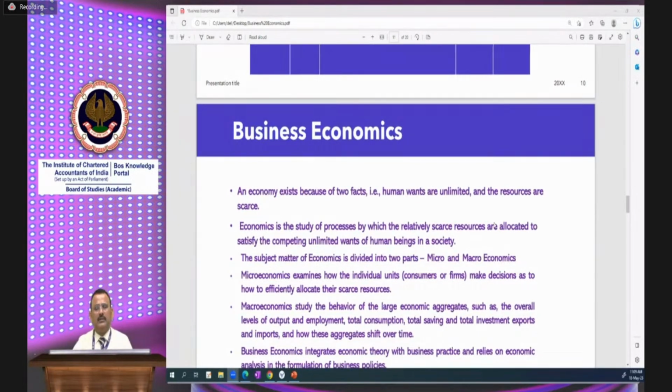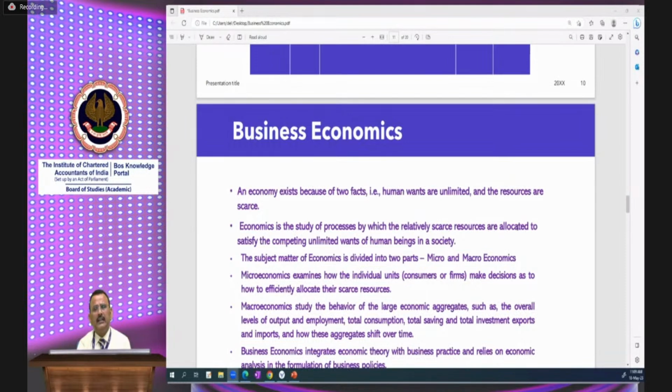Now, there are a few things I want to tell you that are very important for preparation of the examinations. First, read the study material concept-wise, along with the different questions in the BoS study material.